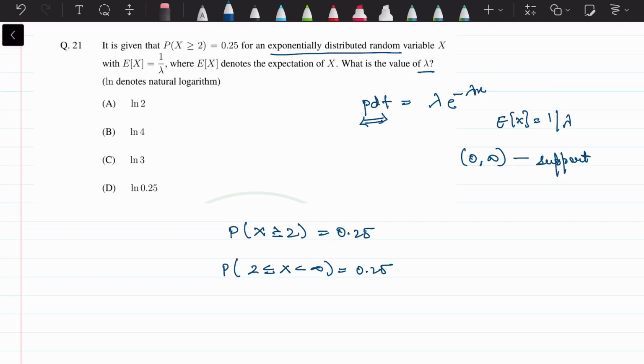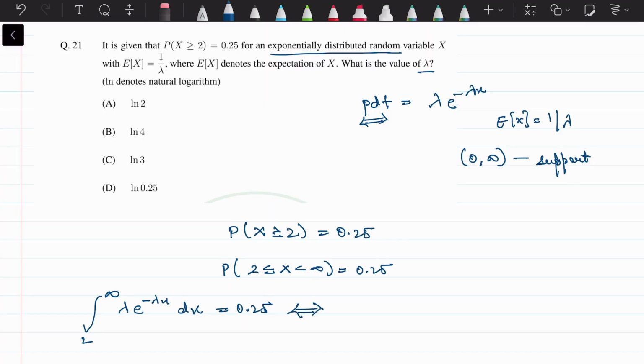Now, since this is a continuous random variable, to calculate the probability we can integrate over this entire range, which is 2 to infinity, lambda e to the power minus lambda x dx is equal to 0.25, right?